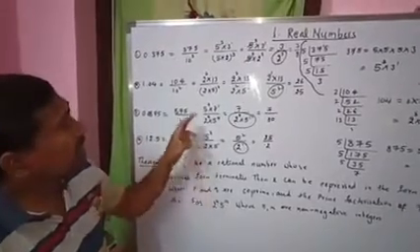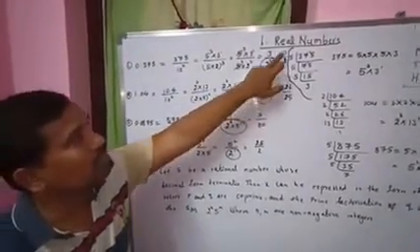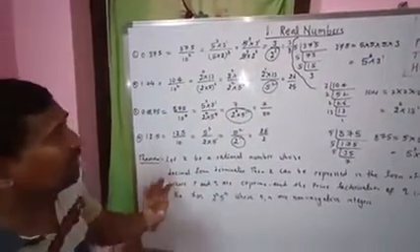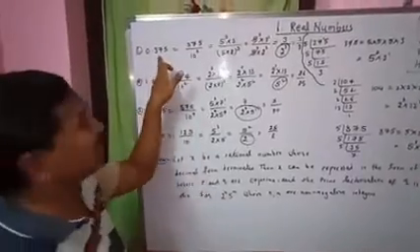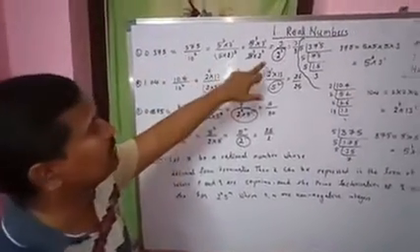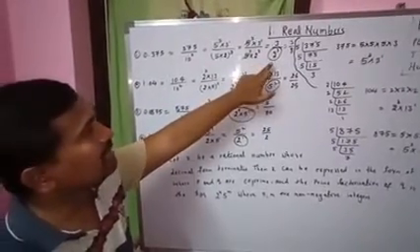Now the rational numbers are simplified. Simplified means numerator and denominator are co-primes. If you observe, these are terminating decimals. If we convert the terminating decimal into p by q, see the denominator after simplifying the rational number.